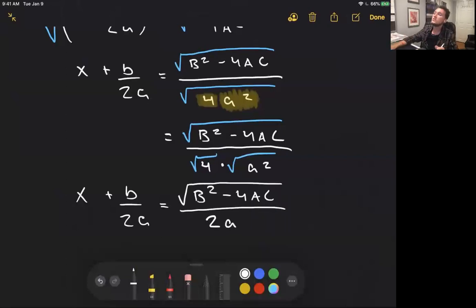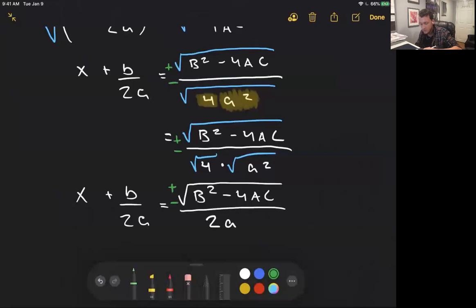So we are so close. We are there. I'm so excited. But you might notice something. What's missing from this? Well, do not forget, anytime you take a square root, it is plus or minus. And so technically speaking, we had a plus or minus right here.